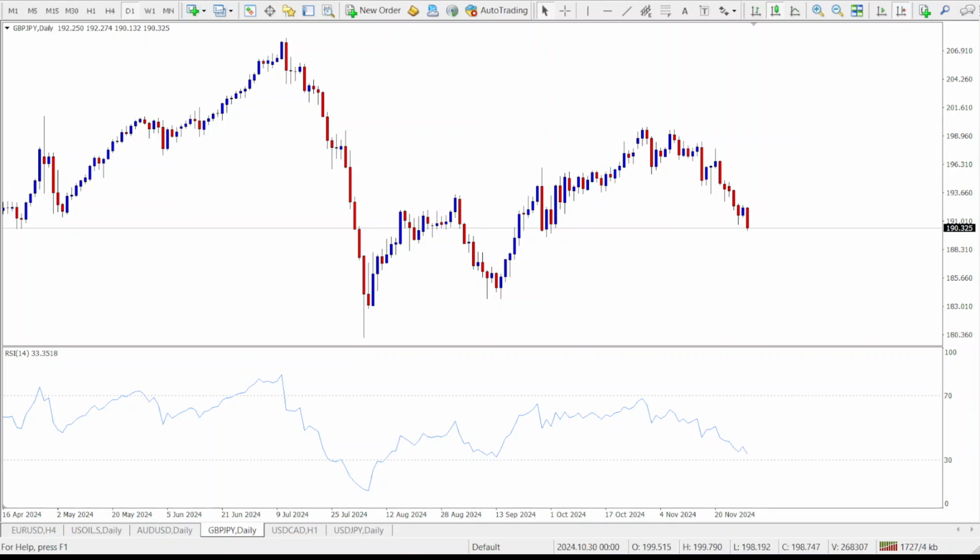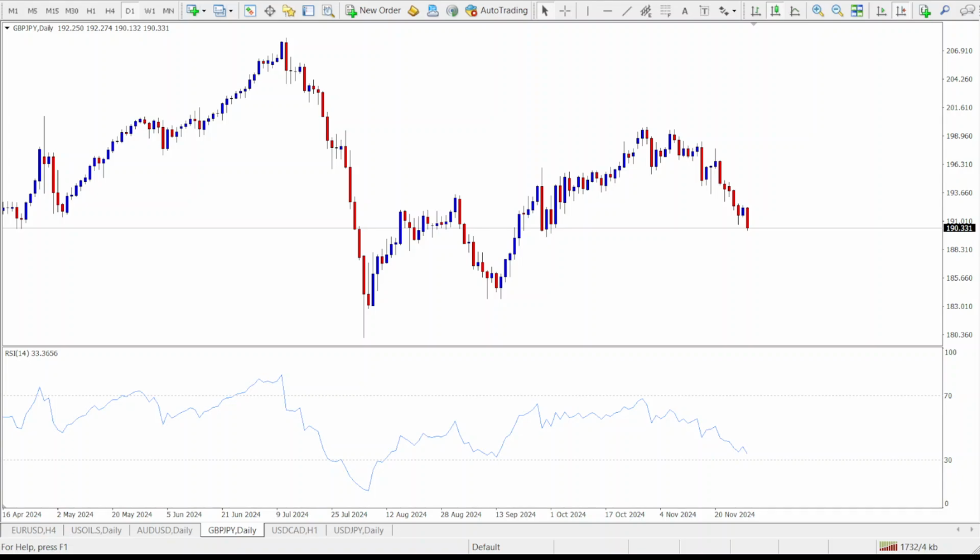And this indicator is typically used to identify overbought or oversold conditions in the market. Now, most traders will use the RSI to look for extreme levels. Above 70 usually signals overbought conditions, and below 30 signals oversold conditions. All right. But what makes the RSI even more powerful is its ability to show us the momentum behind price action. And that's where the RSI crossover strategy comes into play.